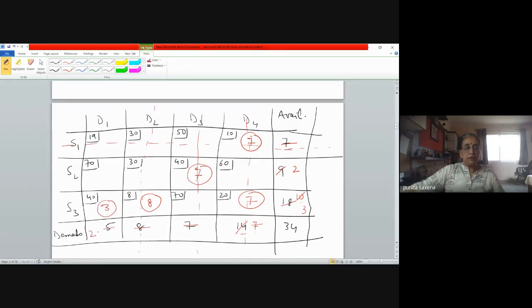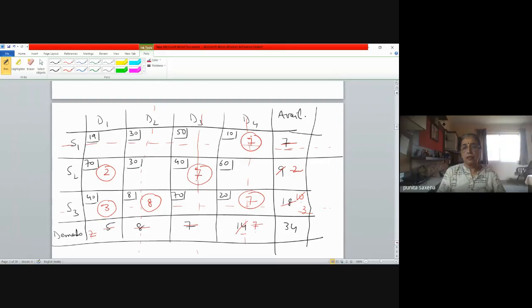So it gets left with 2, this 3 gets exhausted and the last row also gets eliminated. Now you are left with only one cell where allocation can be made, and the allocation will be equal to the demand and supply which is left. So we make 2 units here so that this also gets exhausted and this also gets exhausted. Is this clear? How to make the allocations here?